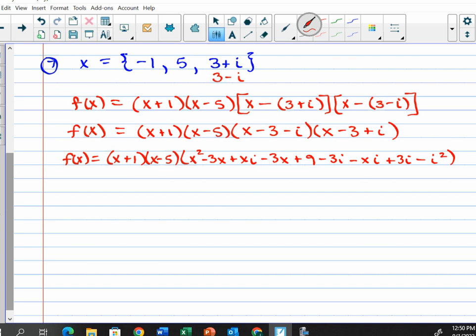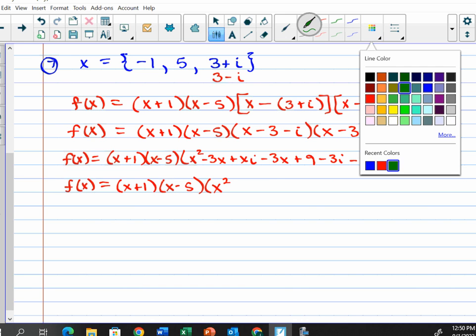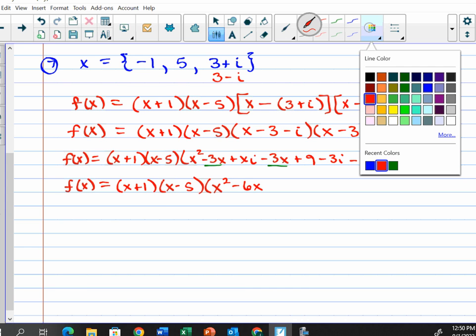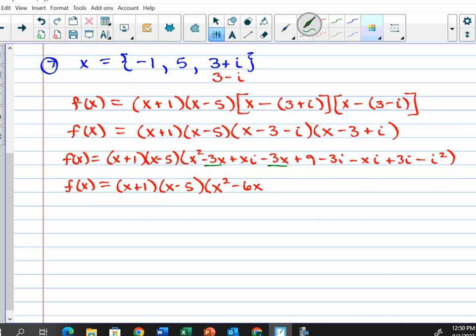Are we ready to make it prettier? Make it simplified? All right, so f of x, I've got my x plus 1, my x minus 5. Here I know I've got an x squared, and then I can see that I've got a negative 3x and a negative 3x. So that'll be minus 6x. But then what do you notice?